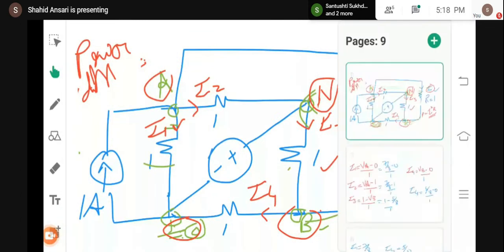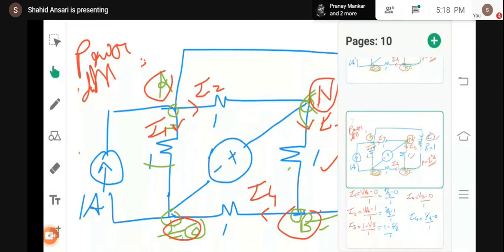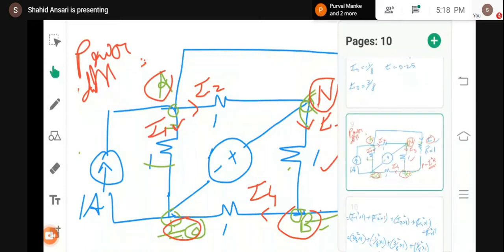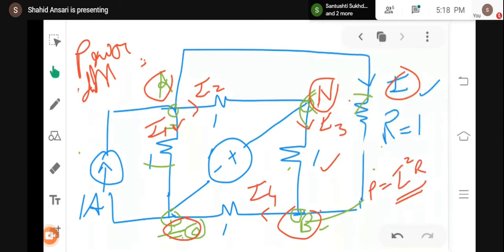Let's take this particular slide. Power distribution by considering active elements. First of all, if we need to find the power delivered by this source, we must consider the formula power equals V into I. We know the voltage across this.